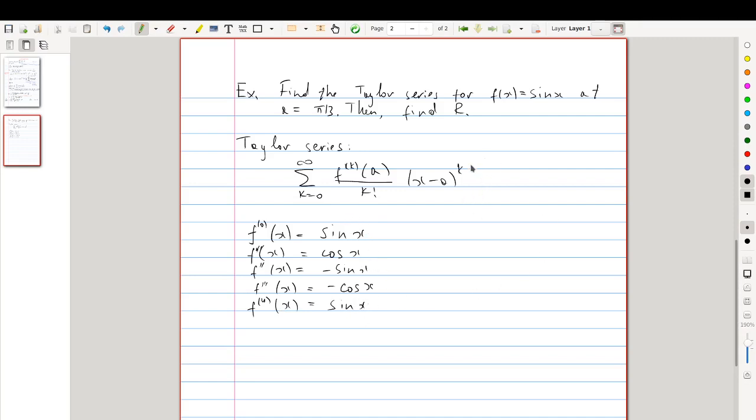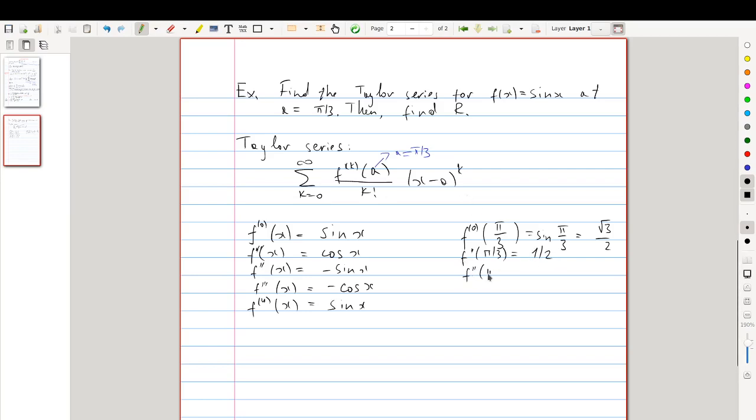Let us go ahead and evaluate derivatives at the point a. So in our case, of course, a is pi over 3. First, the value of our function at pi over 3 is sine of pi over 3, so that would be root 3 over 2. The first derivative at pi over 3 is cosine at pi over 3, so that is 1/2.